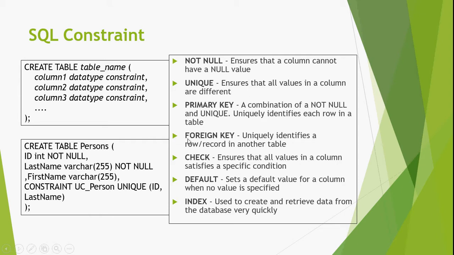And a foreign key uniquely identifies a row or record in another table. In a database, many times we need a child table and child information, such as a student and his subjects.